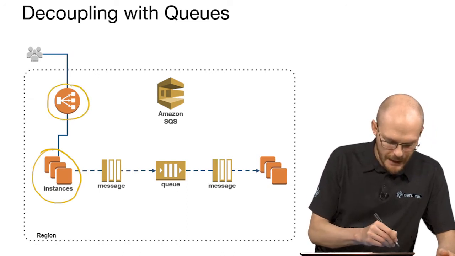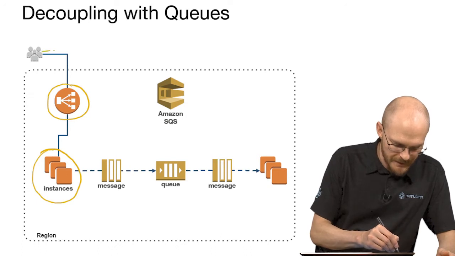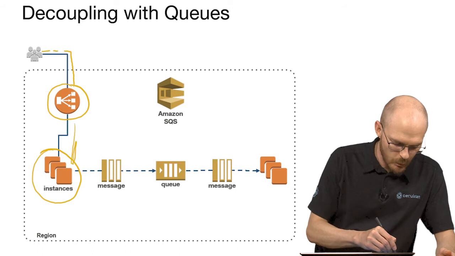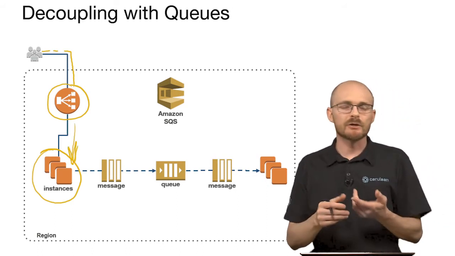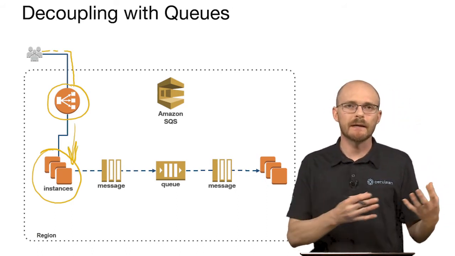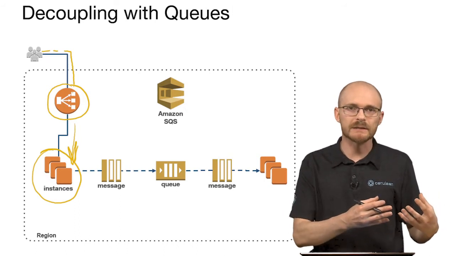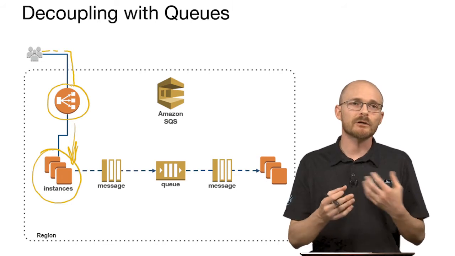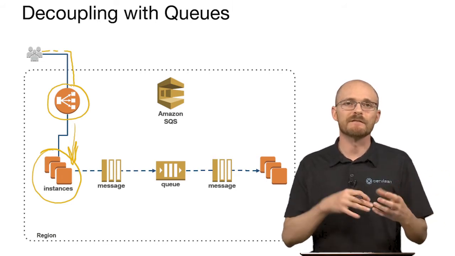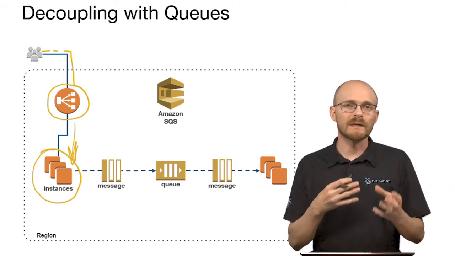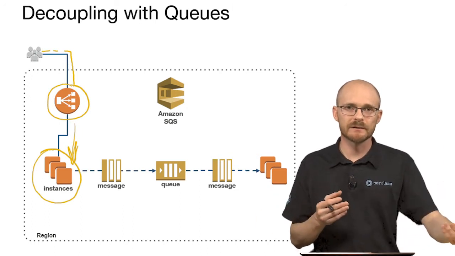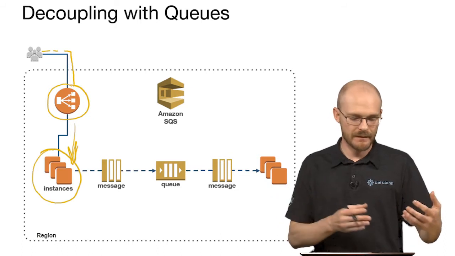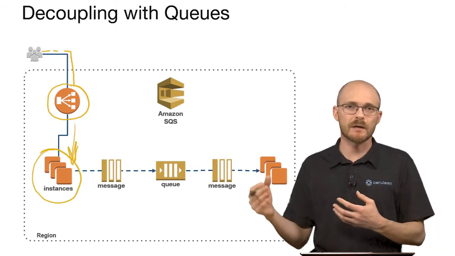So it could be that users are asking for some kind of work to be done, right? They could be uploading documents, and our application on EC2 is responsible for ingesting those documents. Or it could be that they are asking for some kind of report, and then willing to wait for that report to be delivered to them later, right? So either way, what we're looking at here is the first stage of an asynchronous process.